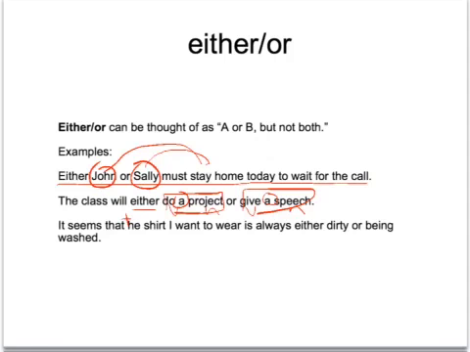Now, this one's kind of breaking the rule a little bit, but being washed is a way of describing, it's kind of like an adjective. So dirty is an adjective, being washed is an adjective, and both of them are describing this shirt. So the shirt never seems to be clean and ready to be worn. It's either always dirty or it's always being washed, but it's never in the closet ready to be worn.